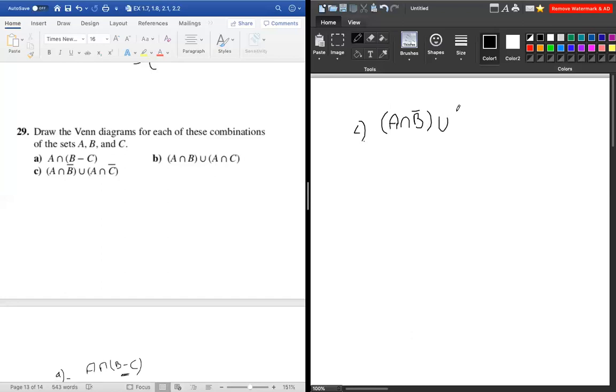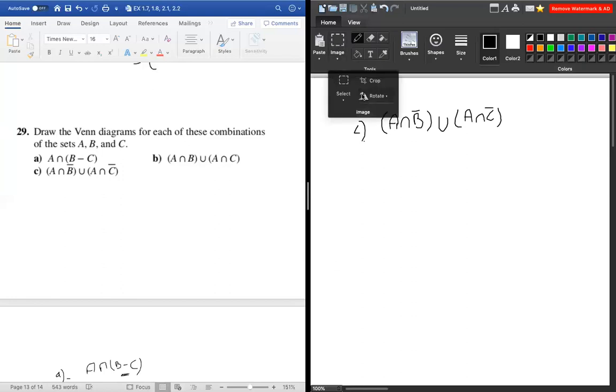We have union, we have A intersection C complement.